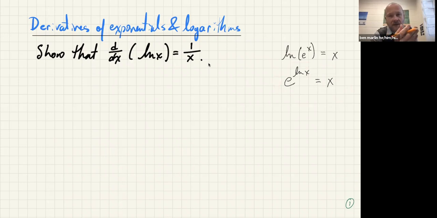If you look at a graph of it, you can only have x values that are greater than 0, okay? And that is compatible then with the exponential function having a range of numbers that are greater than 0. There's no way to get an exponential that will give you 0 or anything less.